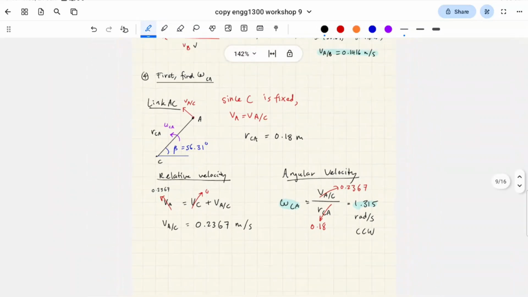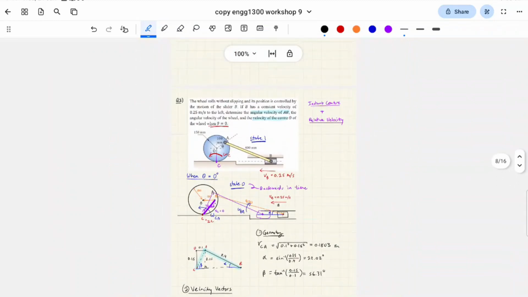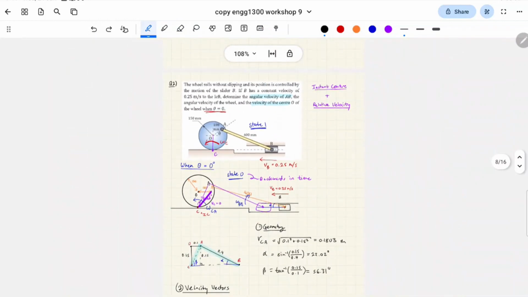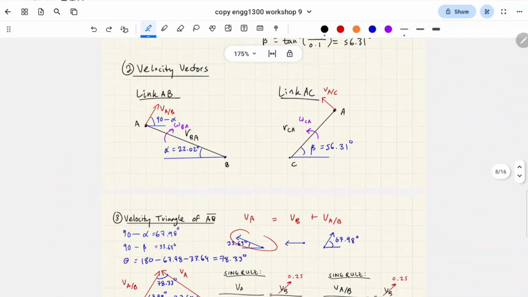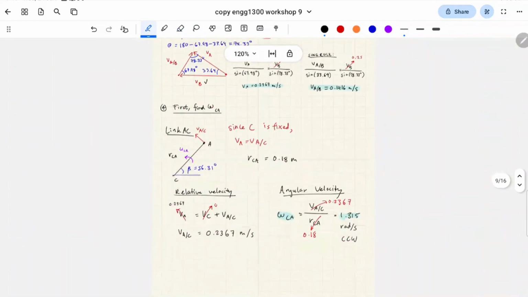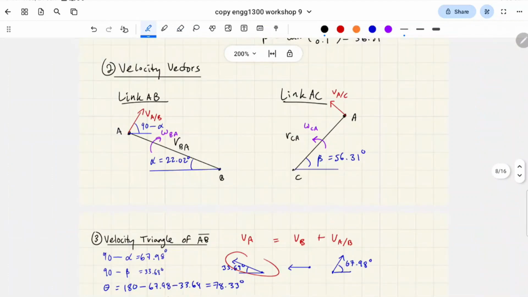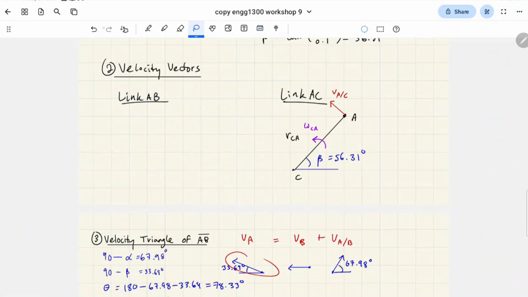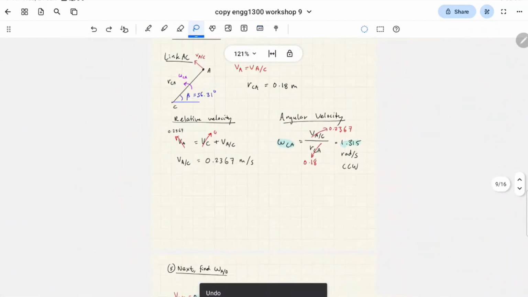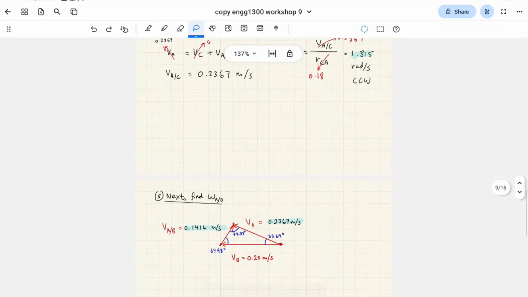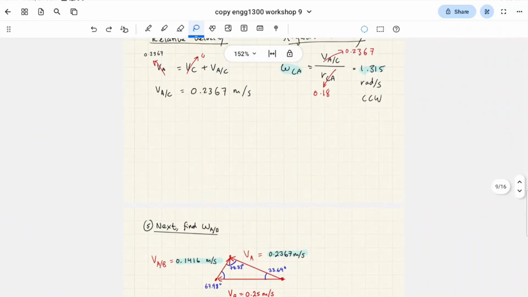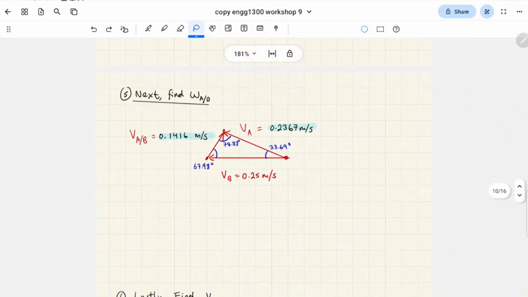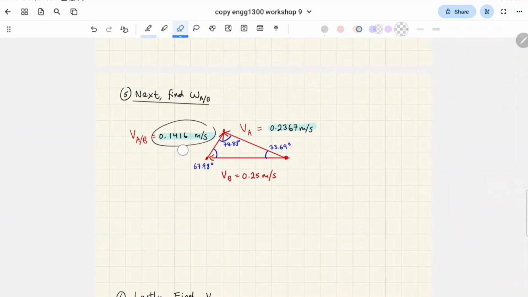And yeah, so basically, let's go back to the question. It wants us to find the angular velocity of AB, right? So that's this one. Sorry, it's that one. I'll copy that. So that's going to be our next step. What I've done is I've just pasted together a bunch of values which we calculated earlier.